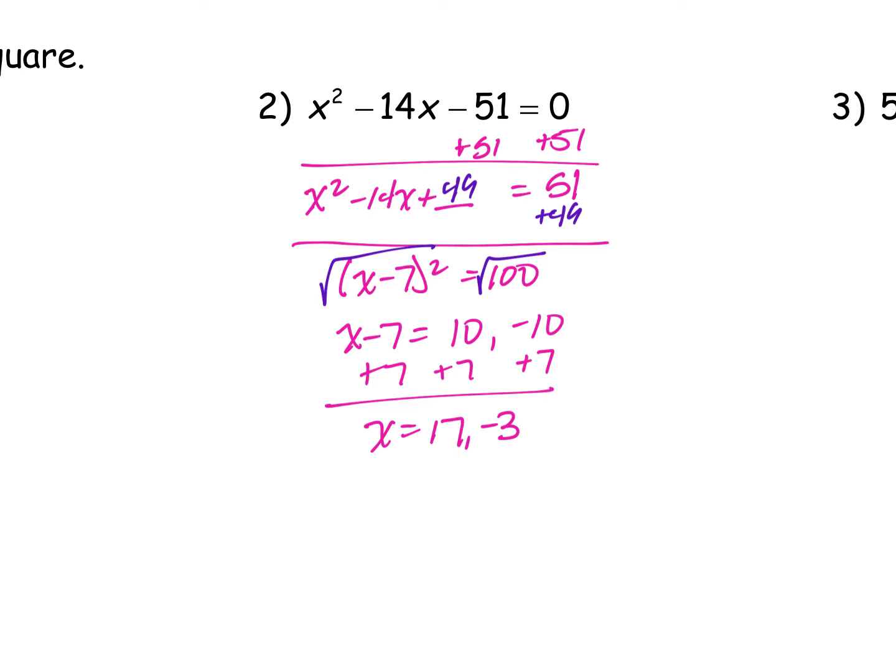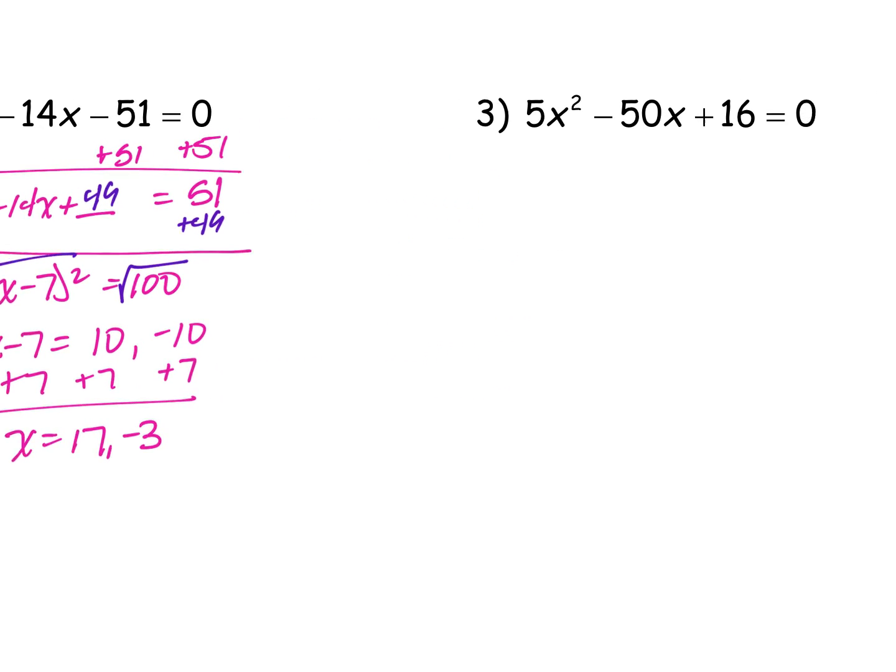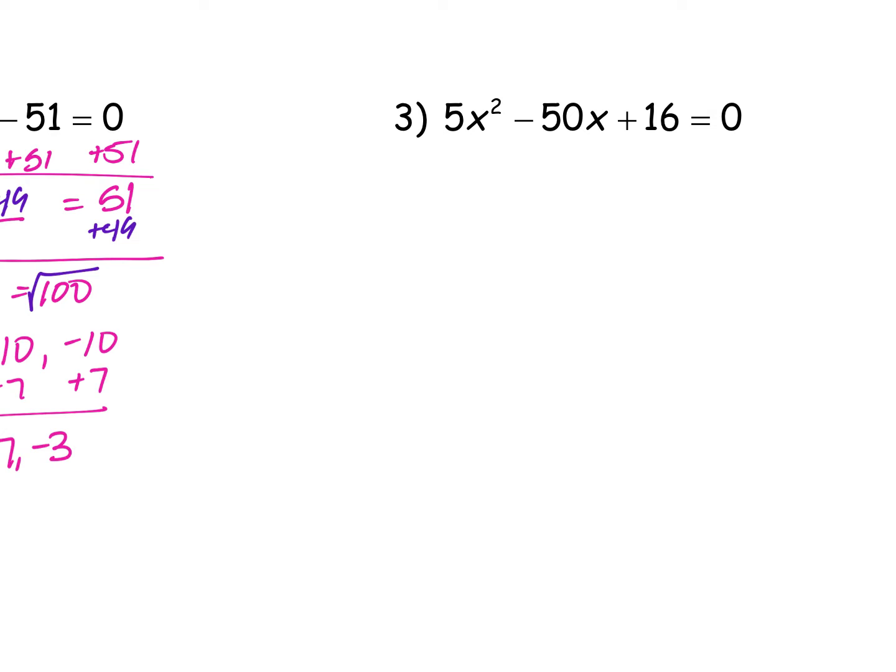And then number 3, I'm going to subtract 16 from both sides. So I should get 5x squared minus 50x plus some number equals negative 16. And then I'm going to factor 5 out of this side.